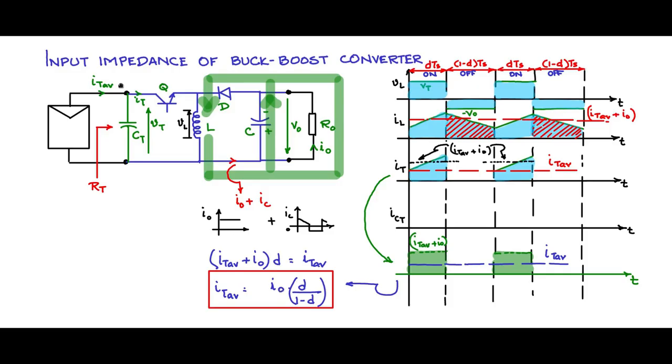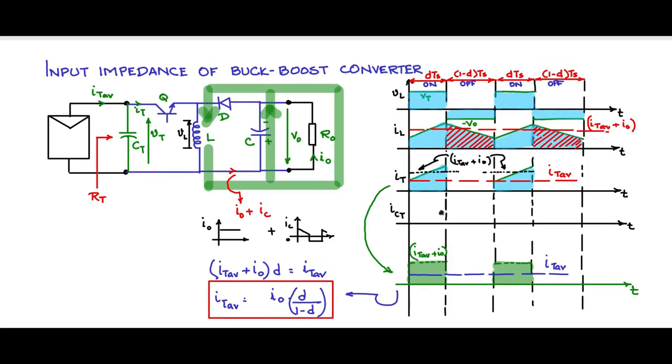This is an important relationship we need, because this is the value IT average in terms of I naught and D. We need to know the value of the continuous current that is flowing out of the PV panel source. From here, it is easy to deduce the current flowing through CT, ICT. If we make IT average a zero line, the current through CT is obtained directly from here.